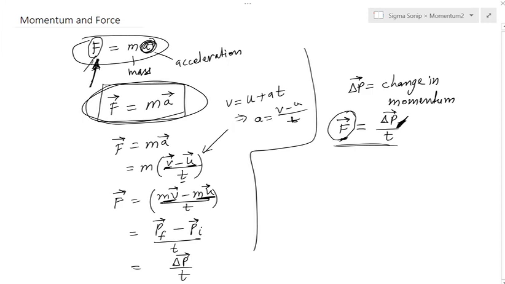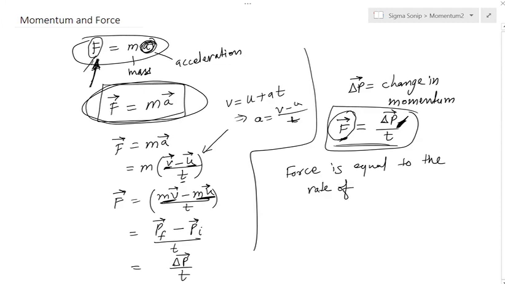This whole equation in words can be written as: force is equal to the rate of change of momentum with respect to time.